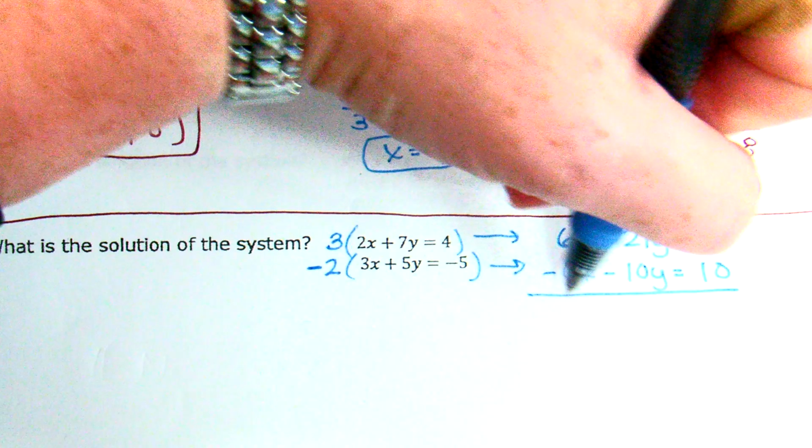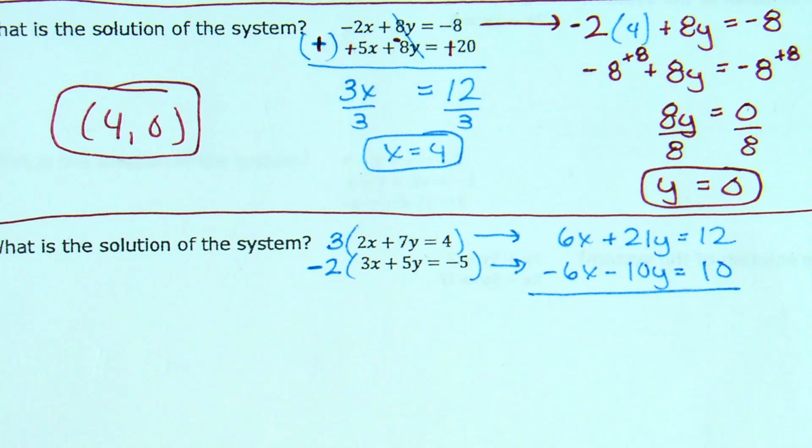And officially, I always like to ask this: my 6x and negative 6x are what kind of signs? I have them opposite signs now, yes? So since I have opposite signs, I am now set up to add.